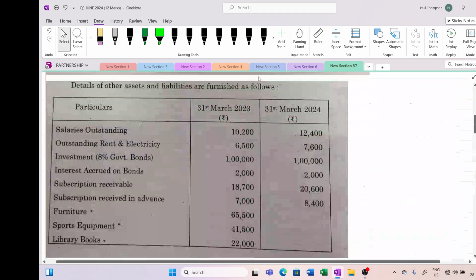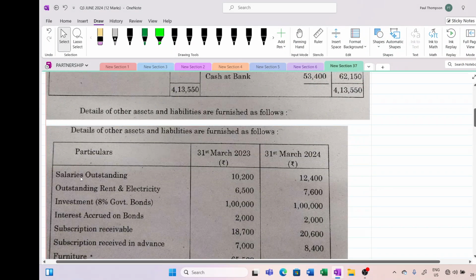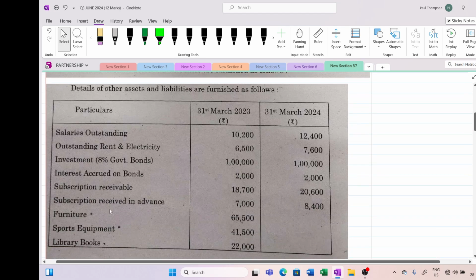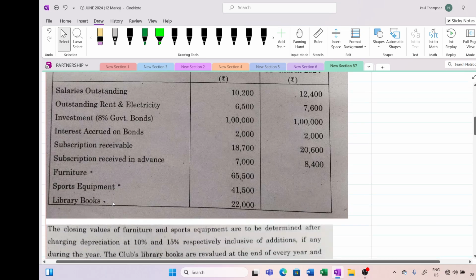See, we have posted this salary outstanding also in both the balance sheet, outstanding rent also in both the balance sheet, investment in both the balance sheet, interest accrued in both the balance sheet, subscription receivable also in both the balance sheet, received in advance also both balance sheet, furniture, sports equipment, library books.